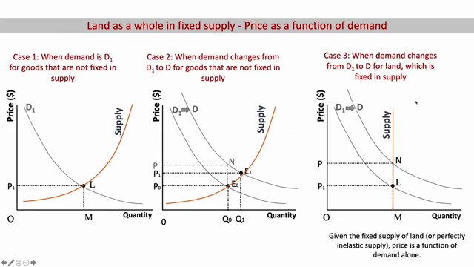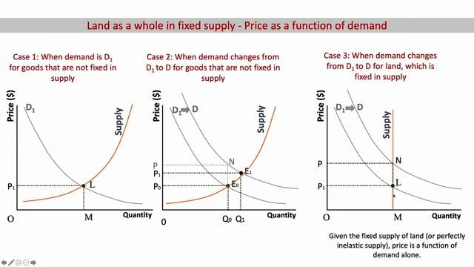Now let's look at the case of land. When demand changes from D1 to D for land, which is fixed in supply, the supply curve is just a straight vertical line, indicating that the supply is fixed at quantity M. The supply can't change.